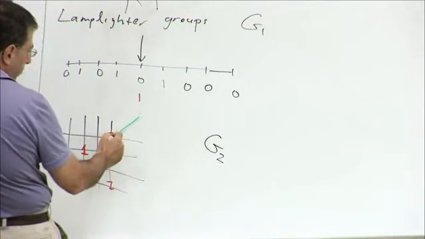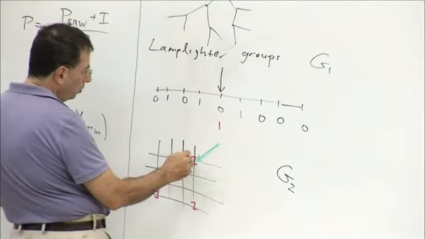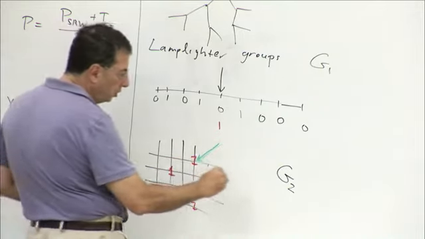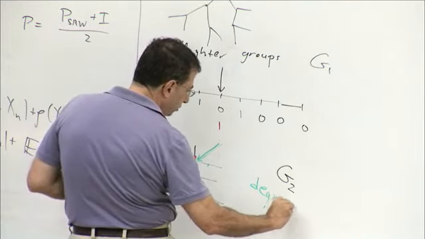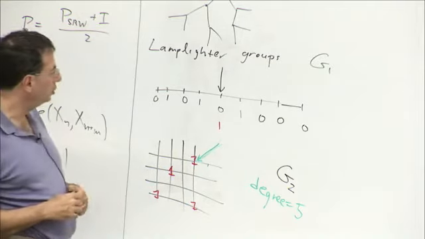Okay, and again, the legal moves are we could flip the lamp where the marker is, or move the marker to one of the lattice neighbors. So here in G2, the degree is 5. Okay, and similarly, one can define the groups GD.